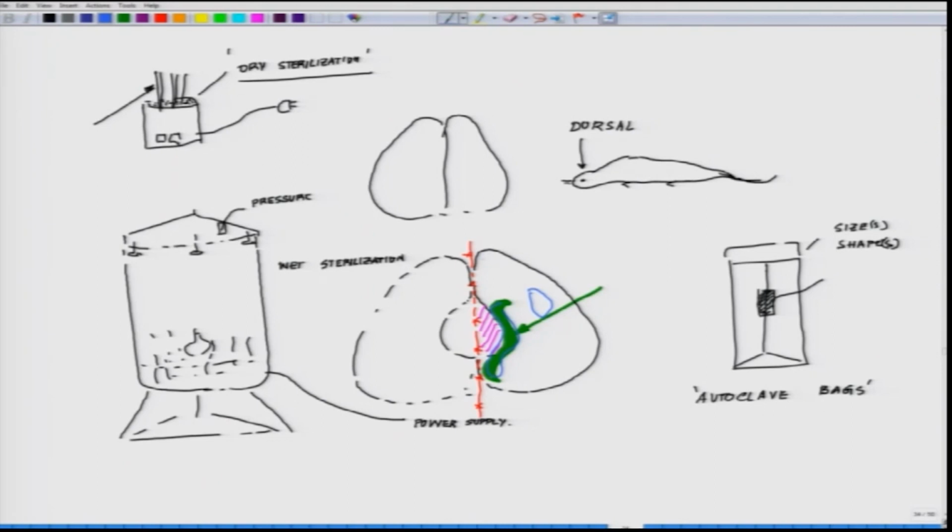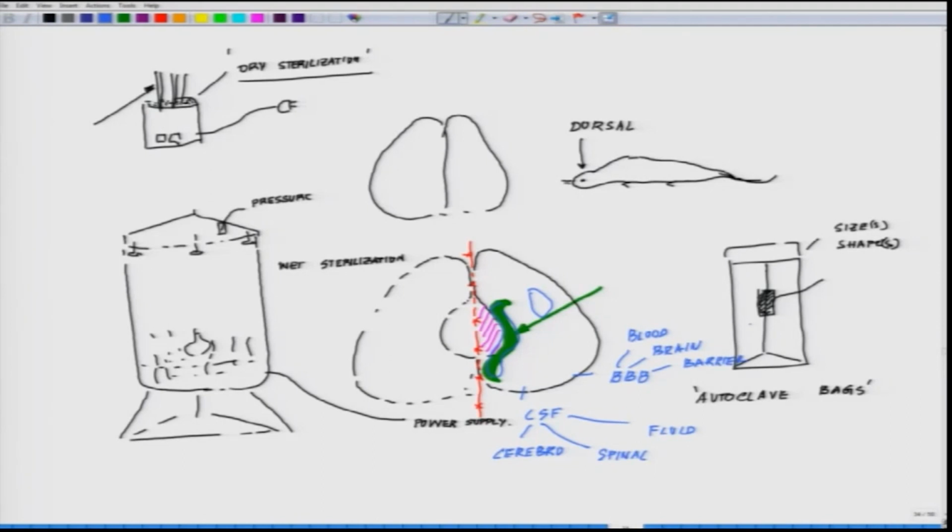These are protected by the blood-brain barrier, BBB, and they are bathed in cerebrospinal fluid, CSF.